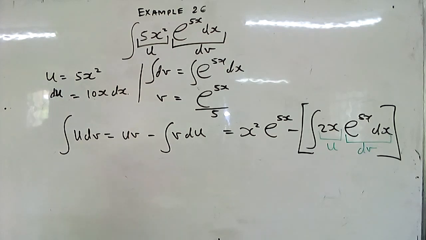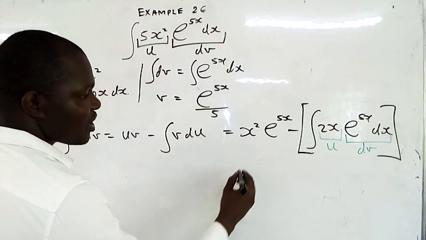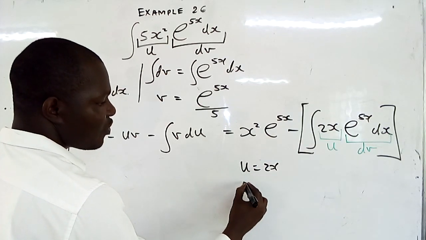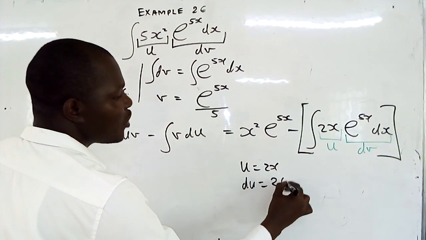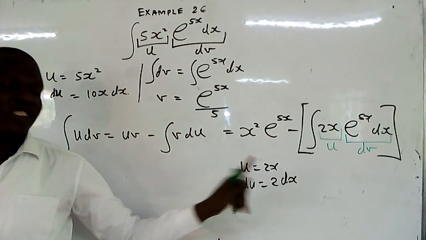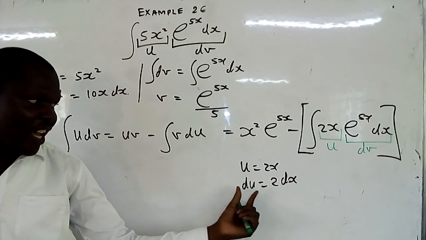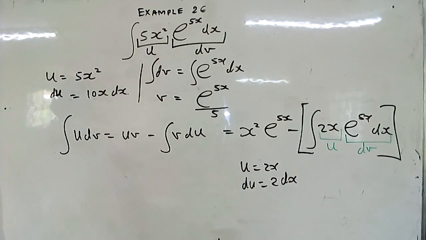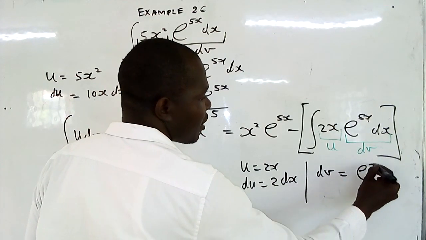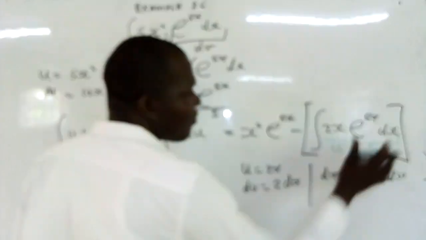So from there, what is our new u? 2x. If you differentiate that, du over dx is equal to 2. If you take dx to the other side, du is equal to 2 dx, isn't it? Are we together? Yes. Then, what is your dv? Exponential 5x dx, the whole of this.